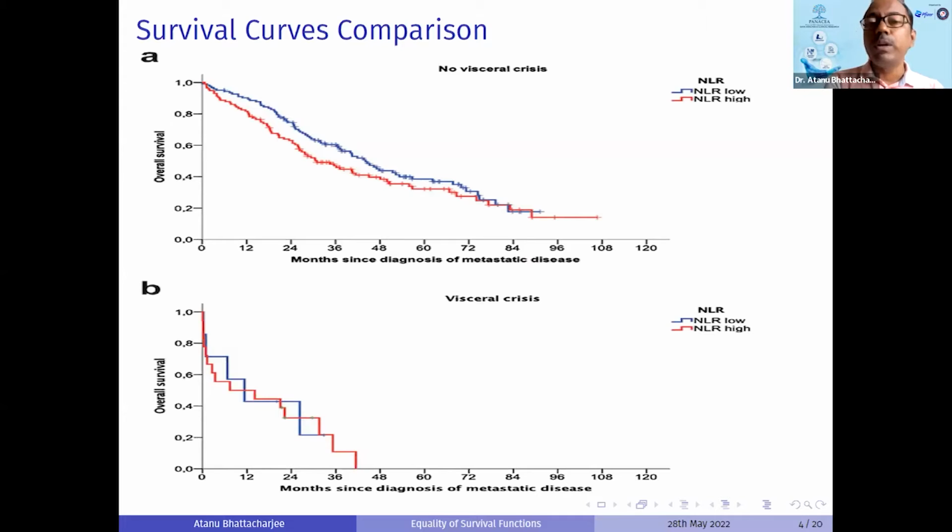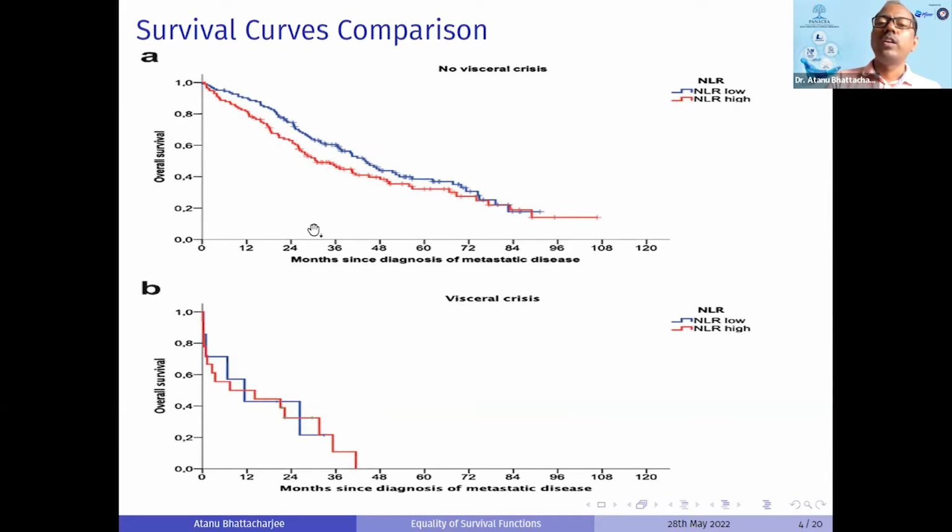Now, life gets quite complicated when low and high doses are given: there is no difference initially and later also no difference, but meanwhile there is a big difference. Now the question comes: should we treat the patients with NLR low or should we go for NLR high?